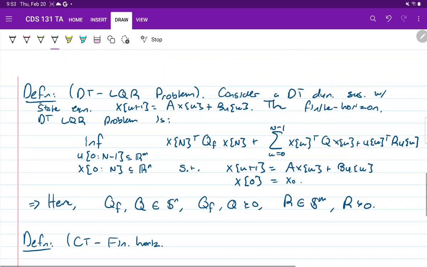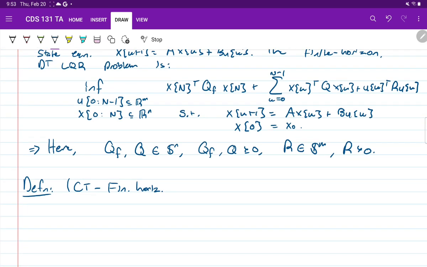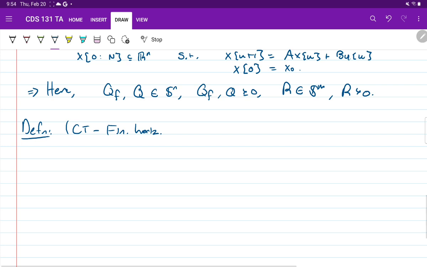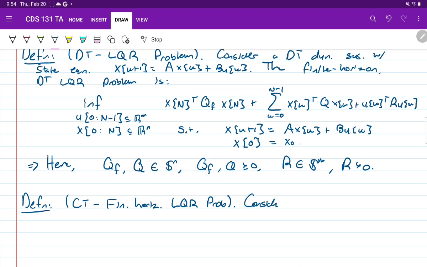Okay, so this leads me to the definition of the continuous time finite horizon LQR problem. I should specify that this discrete time problem I've specified up here is also finite horizon, right? Because n is going to be some integer that's less than infinity. So, consider a continuous time dynamical system with state equation x dot of t equals A x of t plus B u of t.